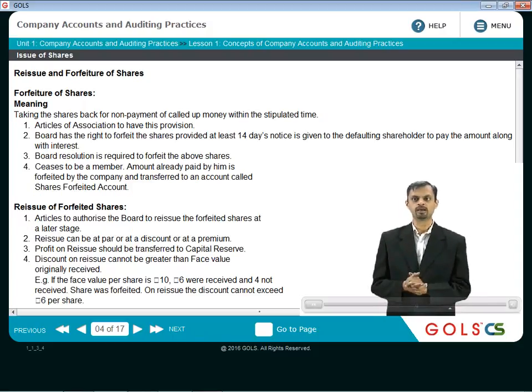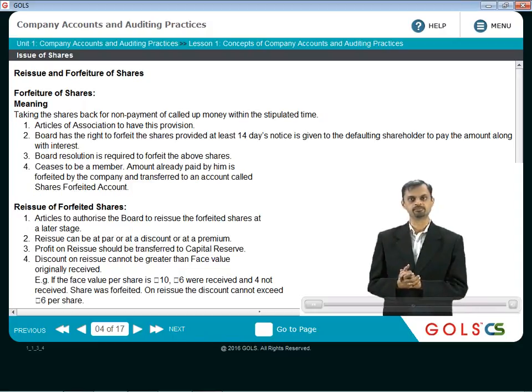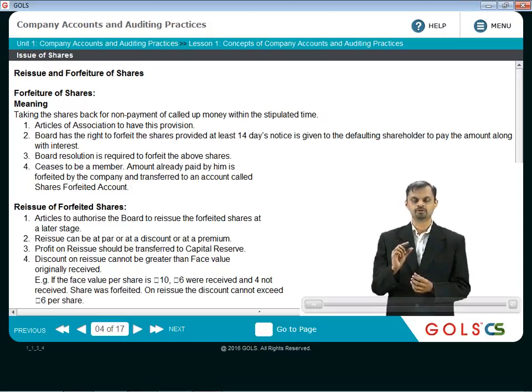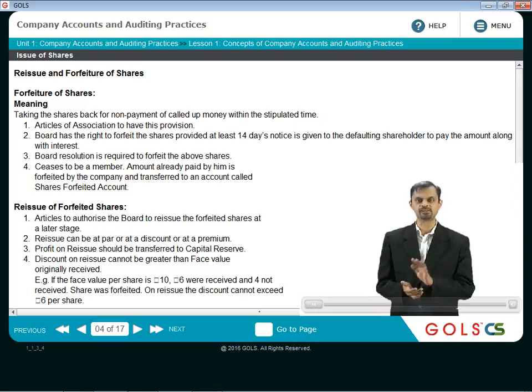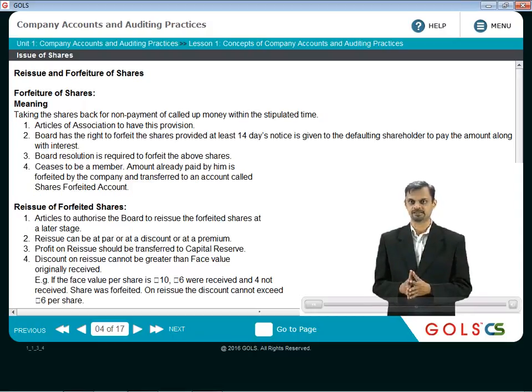So in that case, what will happen? Originally, the company has received 6 rupees. On reissue, the company is receiving 4 rupees. So a total of 10 rupees is received by the company, which is equal to the face value. Now let us see if the discount on reissue is, for example, 7 rupees, which is not allowed as per the Companies Act, but just to explain the point, I am taking this example.